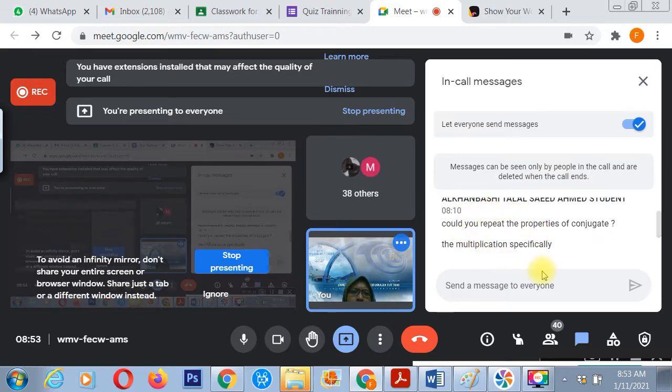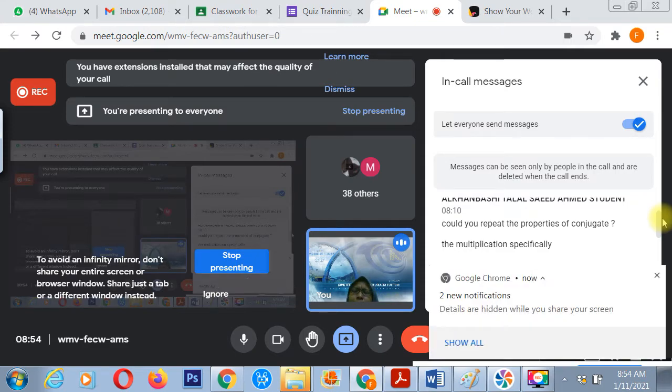Okay, I will repeat the question later for this properties of conjugate. Properties of conjugate are used for fractions to solve the division operation, because we cannot solve if there is no real number in the denominator.